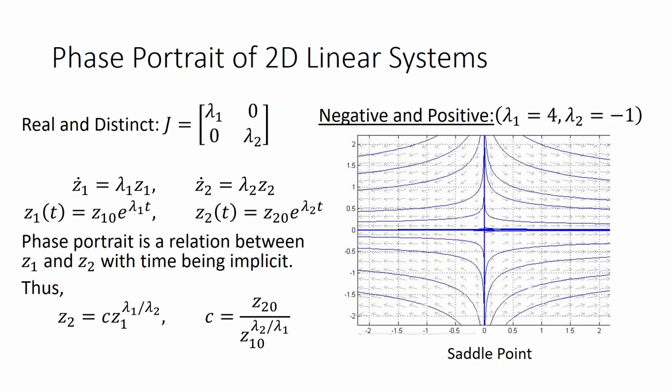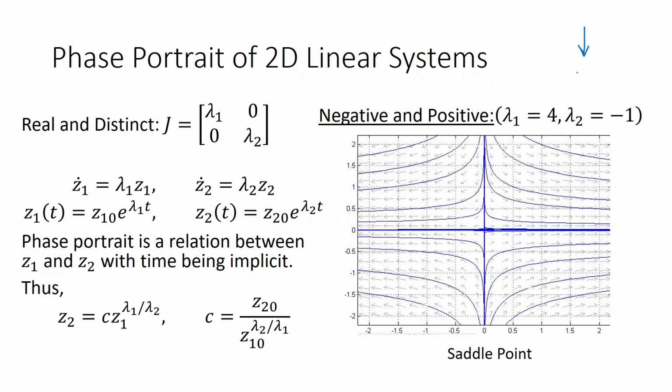If you have one negative and one positive eigenvalue, then the situation is very interesting. Then what happens, along one eigenvector you are trying to reach the origin, but the other eigenvector will always try to push you away from the origin. So the net resultant vector field will be: along one eigenvector it is trying to come towards the origin, and along another eigenvector it is going away from the origin.